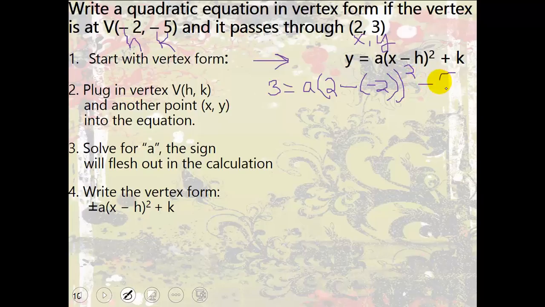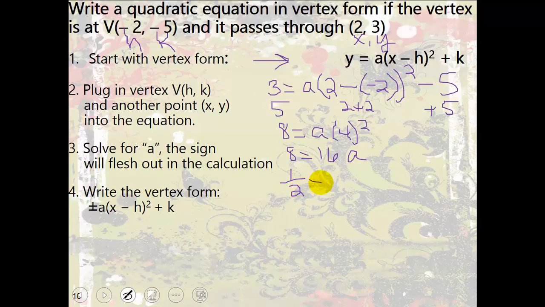The first thing I'm going to do is add 5 to both sides, and that gives me 8 is equal to a times 2 plus 2, or 4 squared. So I get 8 is equal to 16a. I'm going to divide both sides by 16, and I get 1/2 is equal to a. 8 over 16, just like that.